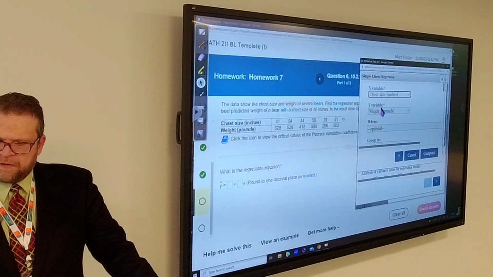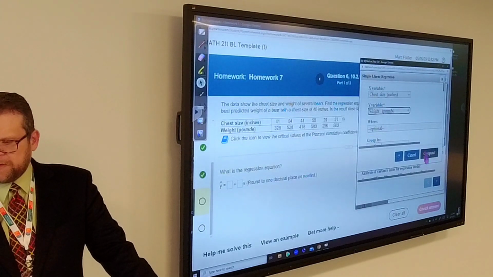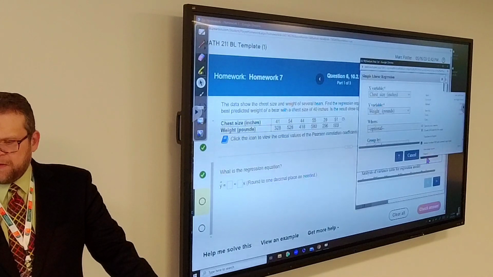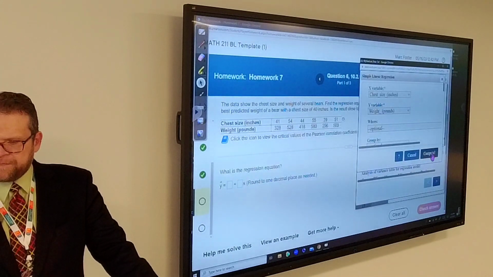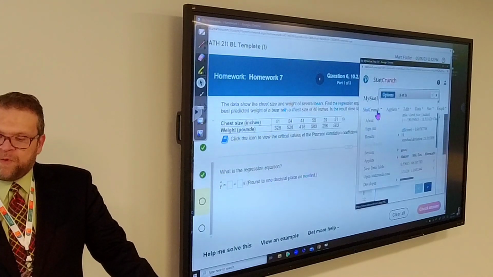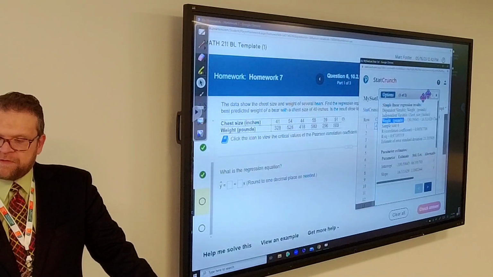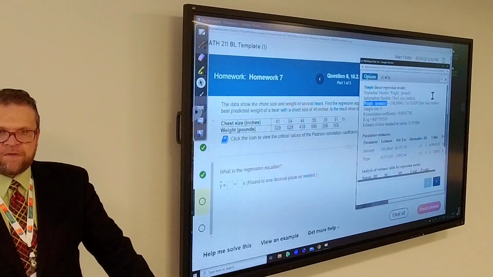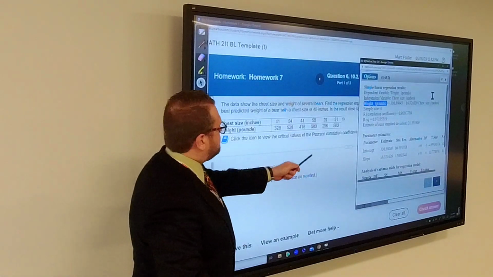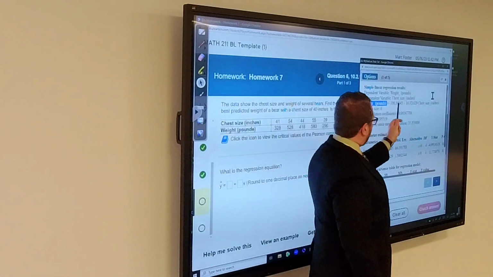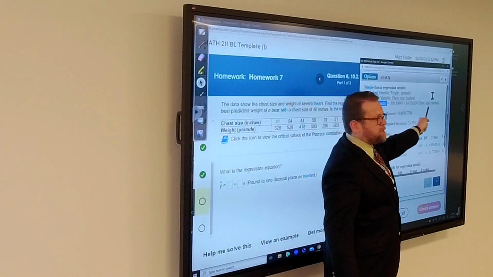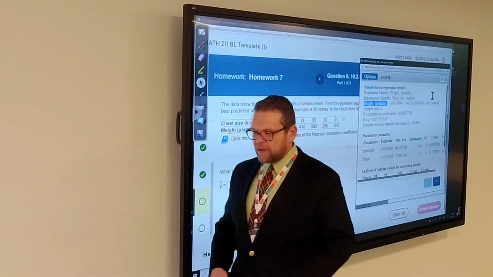Yeah. Chest is X, weight is Y. Weight is Y, that's why it's right here. So it literally says to you Y equals b plus m, and the chest size is X.